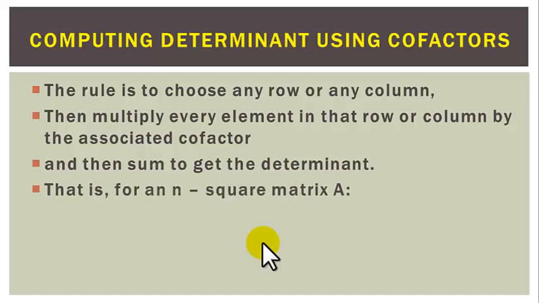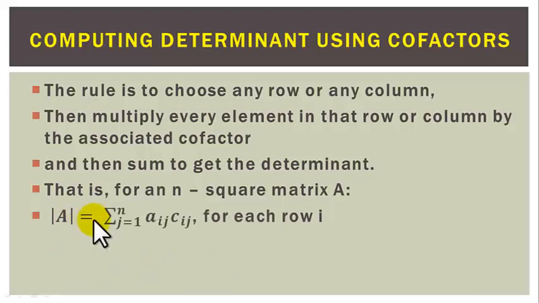That is, for an n-square matrix A, if you choose to evaluate the determinant using row i, the determinant of A is equal to the sum of all the elements in row i multiplied by the cofactor associated with them.